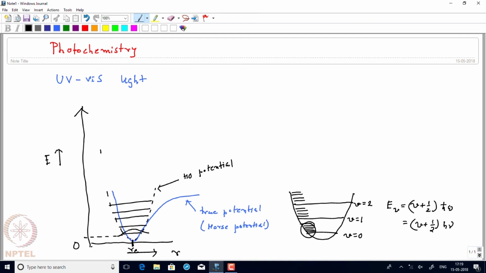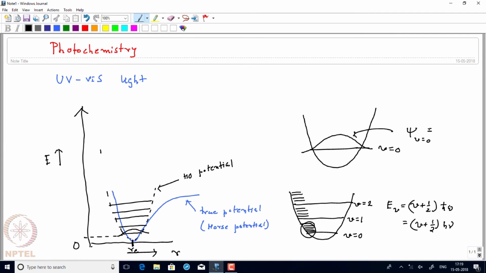Now I have drawn a curve like this. What is this curve? This is my potential, and this is v equal to 0, and this is nothing but the v equal to 0 wave function. These wave functions are basically solutions of the Schrodinger equation.